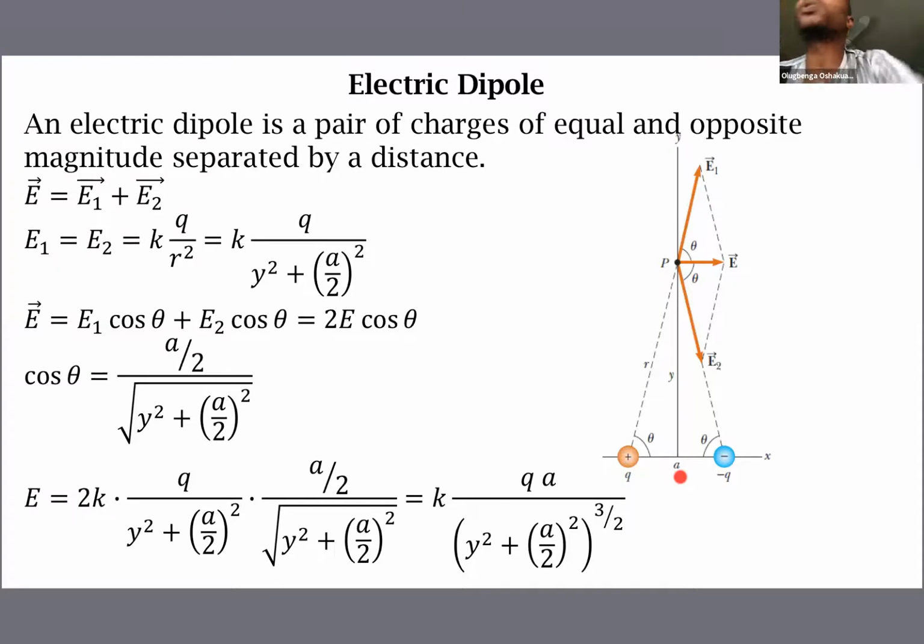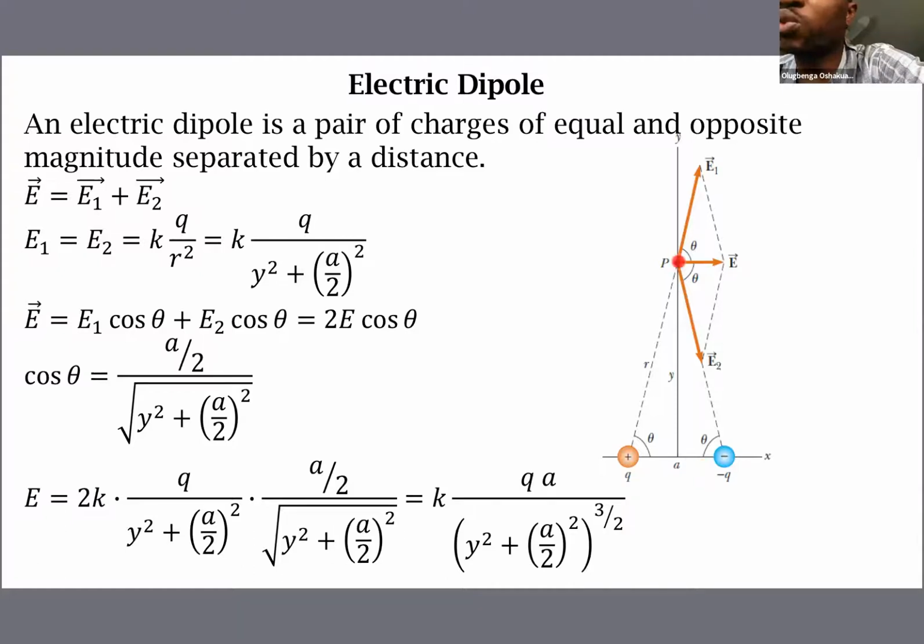Now we are interested in what happens at a particular point P. What is the electric field at point P as a result of the presence of this dipole? We have to start by asking what the distance is from this point P to the dipole. When the point of interest P is at a distance y from the middle of both charges, then we can bring in Pythagoras theorem again.